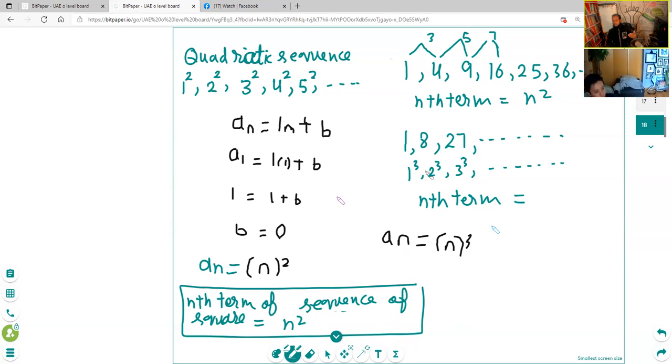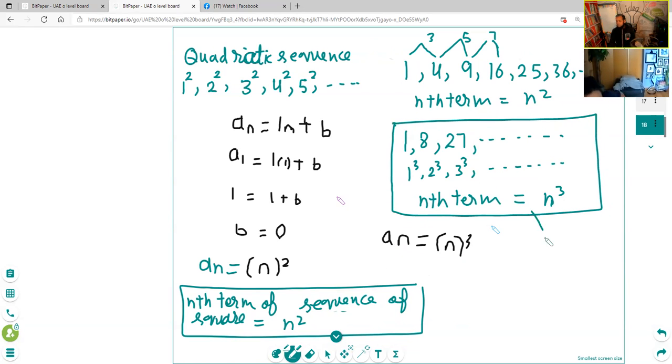When there is power 4 on every number, then we take n4. You remember this: when there is 1, 8, 27, this is n cube. When there is 1, 4, 9, 16, 25, 36, then this is n square. We will use this in our cubic sequence.